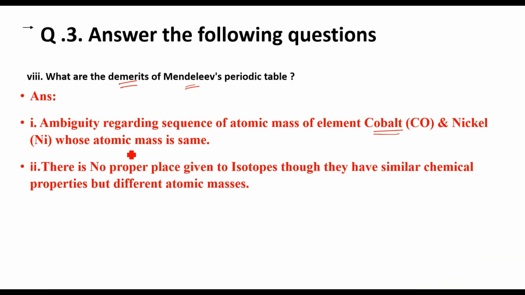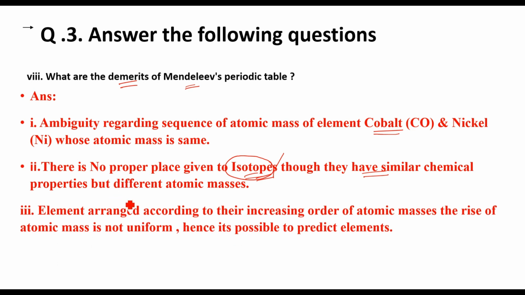Second, at the time of the Mendeleev periodic table, he didn't consider the isotope. All the arrangement was related to atomic masses, but about the isotope nothing is mentioned. So no proper place is given to the isotope. In the next point, the definition of isotope is also written, which you have to mention in your answer.